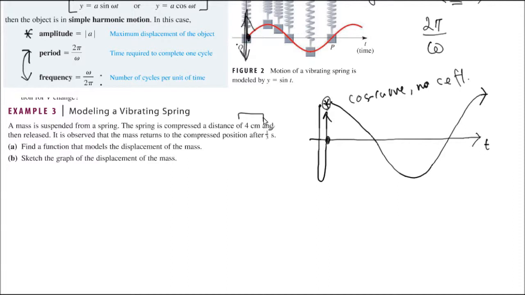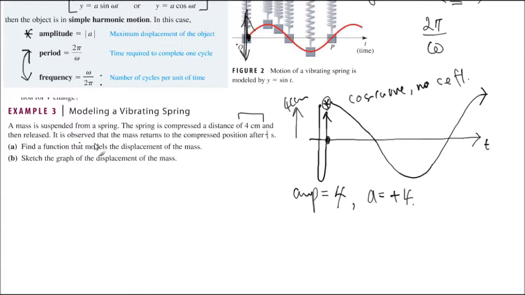What are you going to do about that distance of 4 centimeters? That is 4 centimeters here, right? So what is A? The amplitude here is 4, and is the A value positive 4 or negative 4? Positive 4, because there's no reflection. So we already know the A part and the cosine part. All we have to figure out is omega.